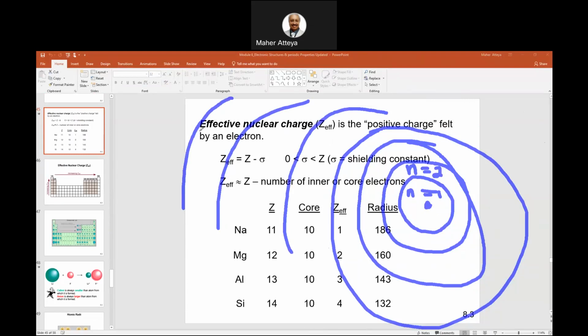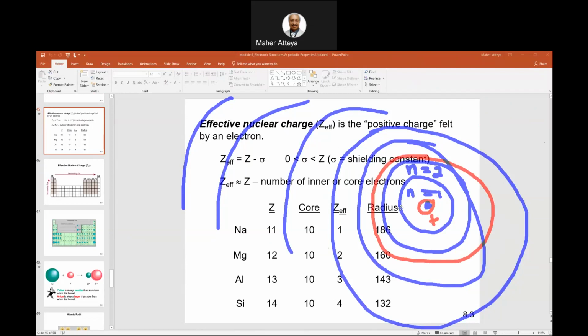They are far away, and they are shielded by the two filled orbitals of the first and second shells. This area here acts like a real shield. They're preventing the positive, that's protons.